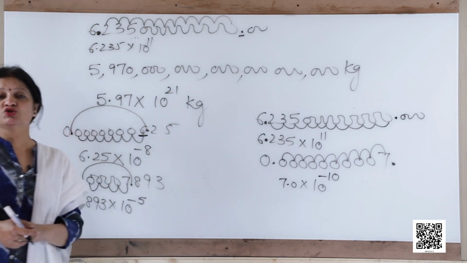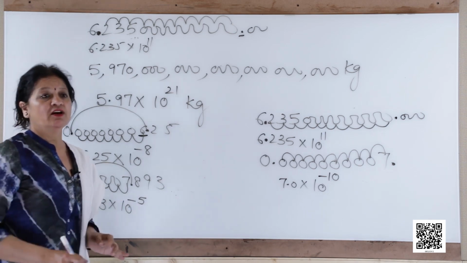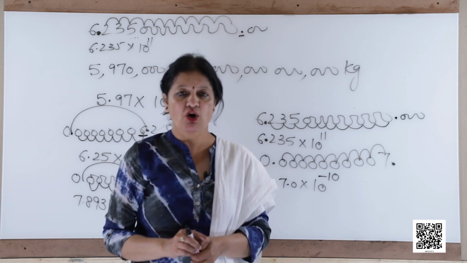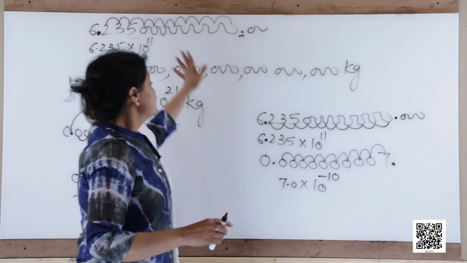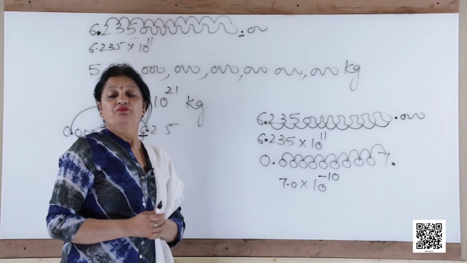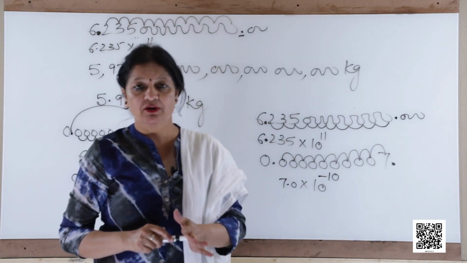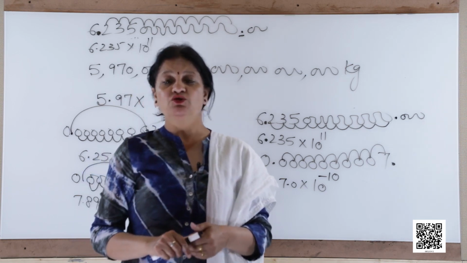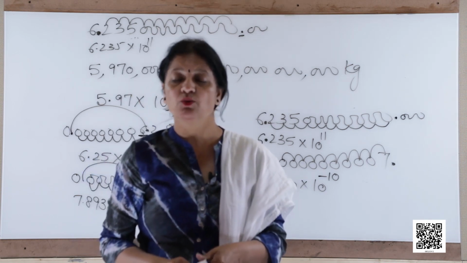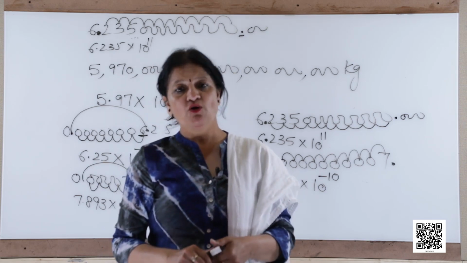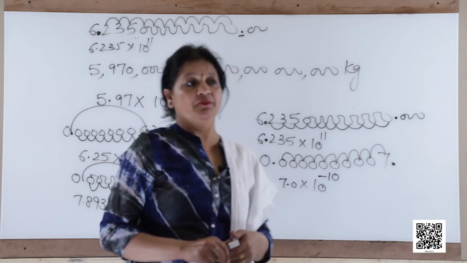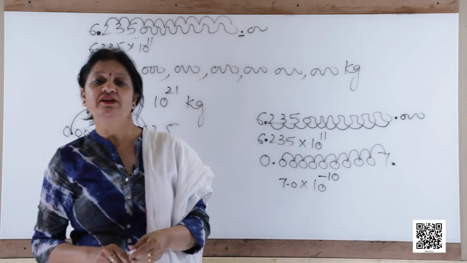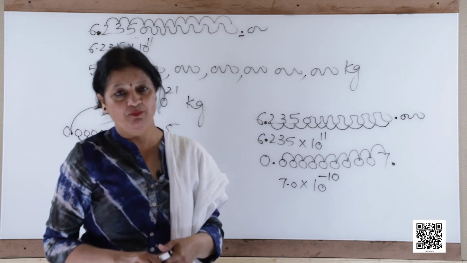I think this topic is clear to you, where we write very large numbers and very small numbers in standard form. That was there in this whole chapter. What we have done today is solve all the laws of exponents with negative powers, and also use exponents to write very large and very small numbers in standard form.